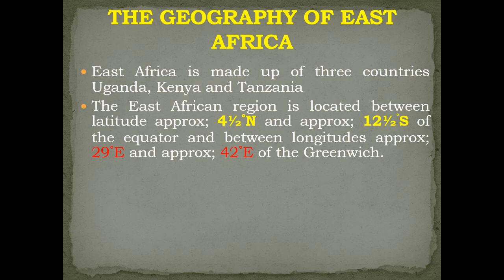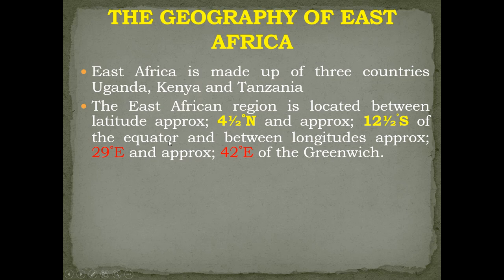By location, you open the atlas. East Africa is located between latitudes approximately 4.5 degrees north. You look at the northern part of the map of East Africa, and when you go down at the bottom of Tanzania, it's approximately 12.5 degrees south of the major latitude that crosses East Africa, the equator.